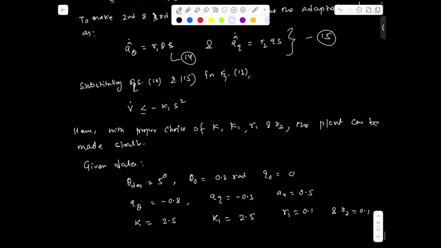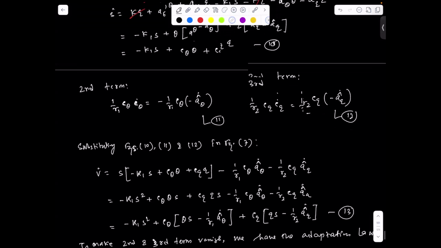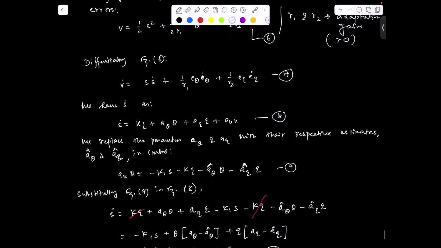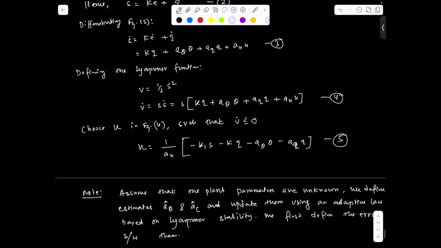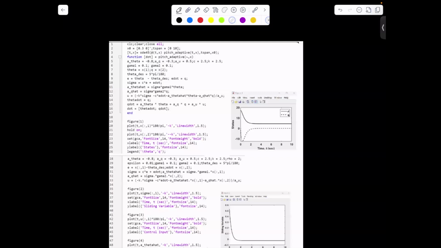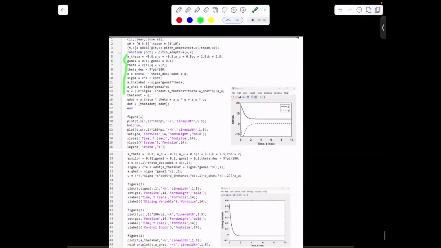And now we'll see the MATLAB simulation for this particular controls. So this is the MATLAB code. This is we have initial values, time span 10 seconds. This is the ODE45, and these are the data and control and the error variable, whatever we have designed in the analysis we have given here.